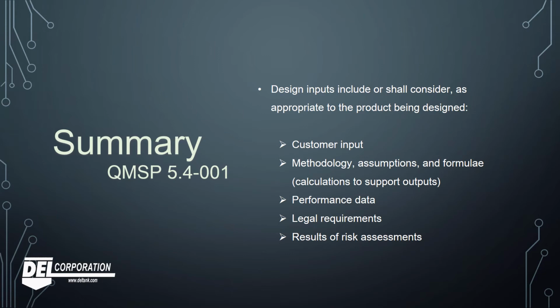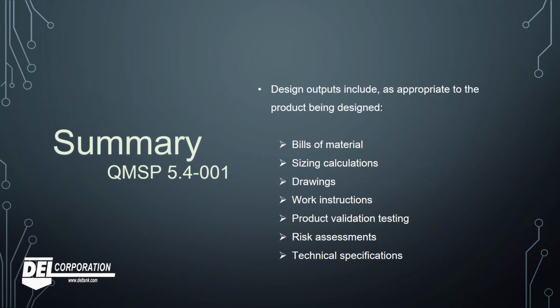Design inputs include, or shall consider, as appropriate to the product being designed, customer input, methodology, assumptions, and formulae, performance data, legal requirements, and results of risk assessments. Design outputs include, as appropriate to the product being designed, bills of material, sizing calculations, drawings, work instructions, product validation testing, risk assessments, technical specifications.